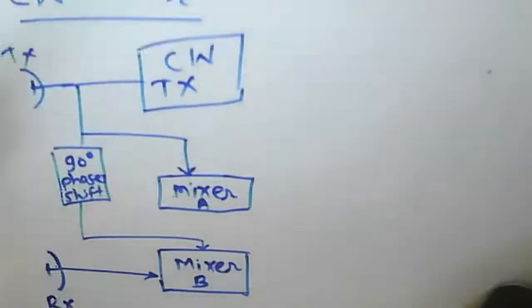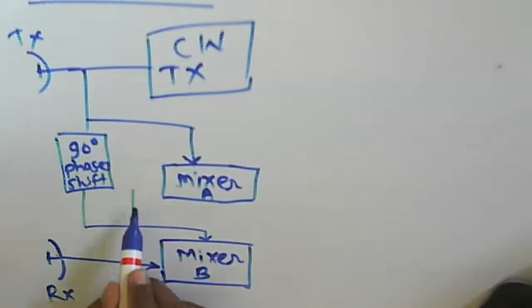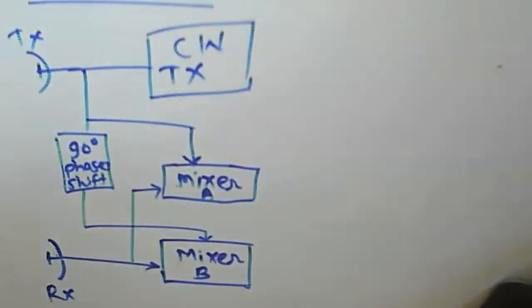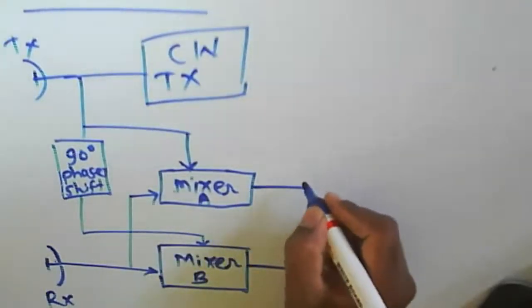This one will be the received. This one is about your antenna now, the receiving antenna. So we'll get the signal to the mixer B, and at the mixer A both. Means we are getting two channels.